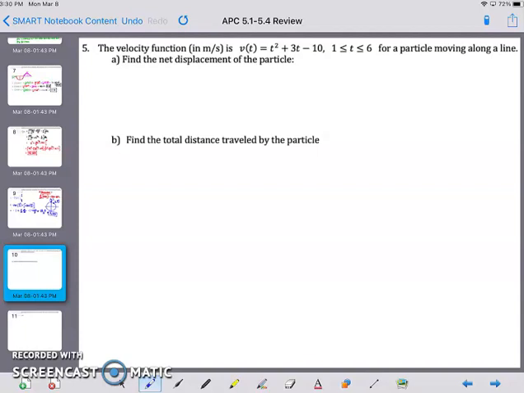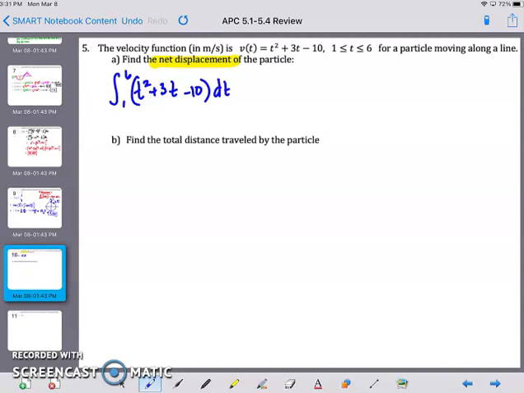So for us, the net displacement is just going to be the calculation of the integral from 1 to 6 of t squared plus 3t minus 10 dt. Okay, and that's just going to give us our net displacement, the difference between where we started and where we ended, basically.